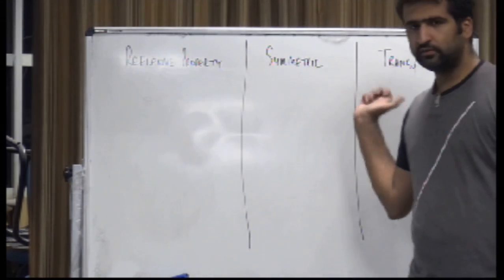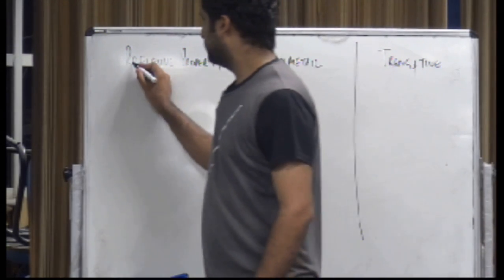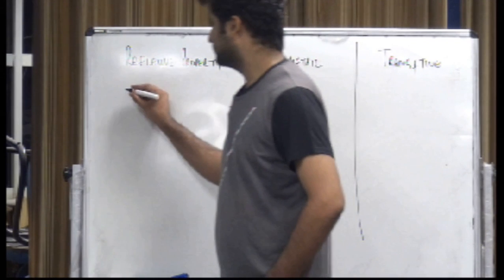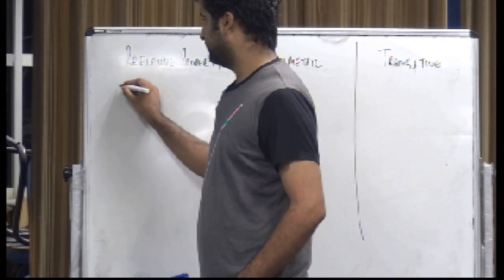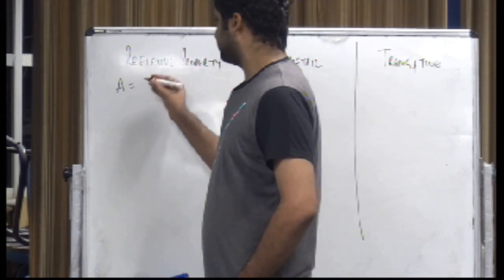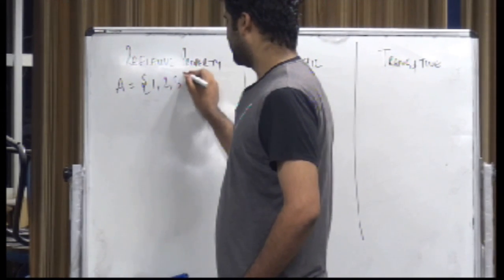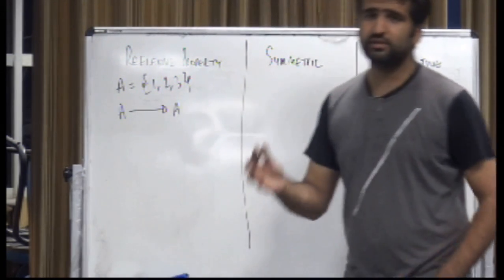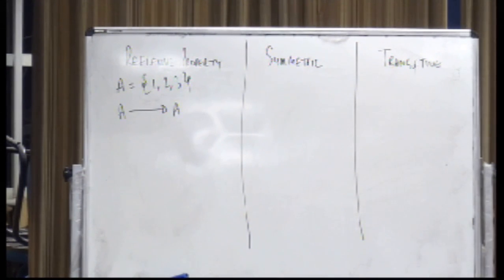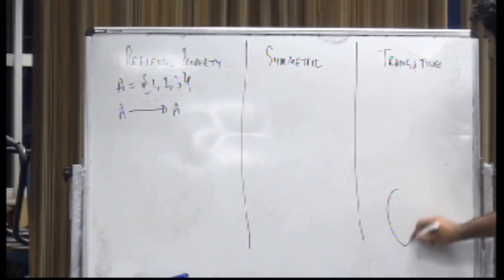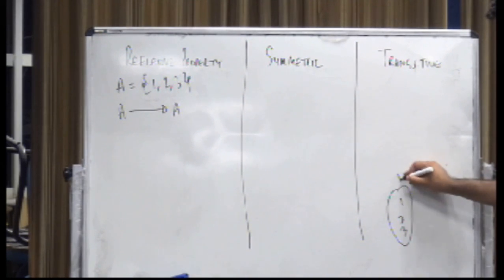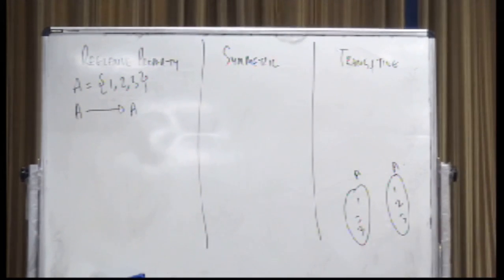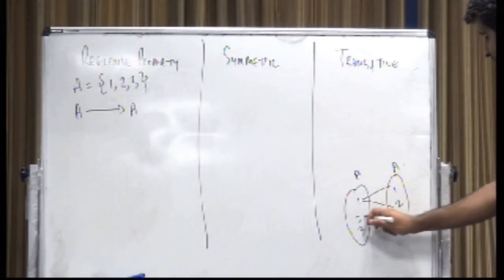So let's study one by one. What are these three properties? First, we have the reflexive property. Let's suppose A is a set {1, 2, 3}, and the relation is defined from A to A. Now a relation can be defined from A to B or A to A. So the set A is this and the other set B is also A, so all the elements are getting linked.